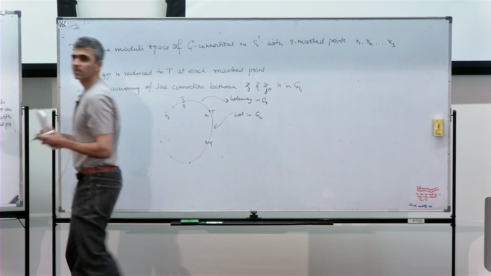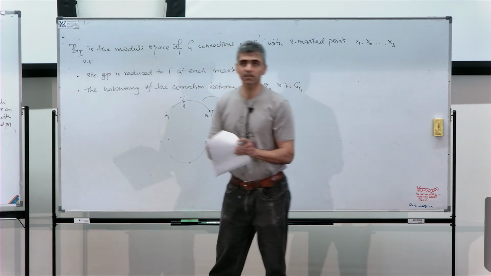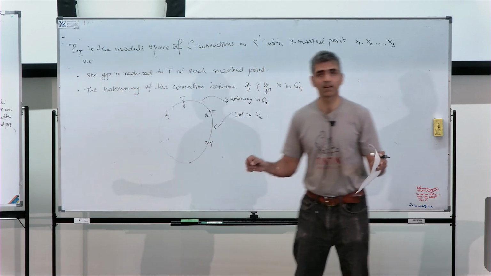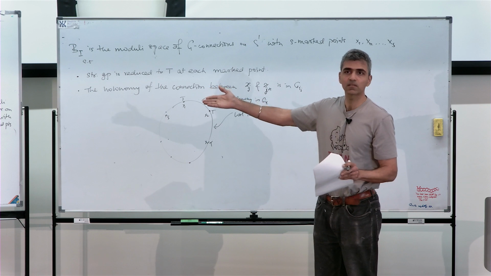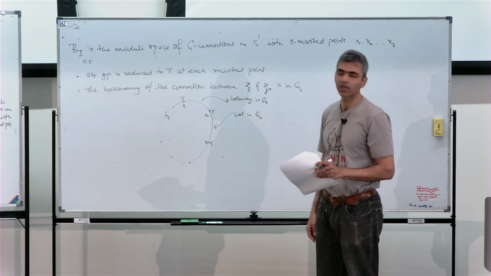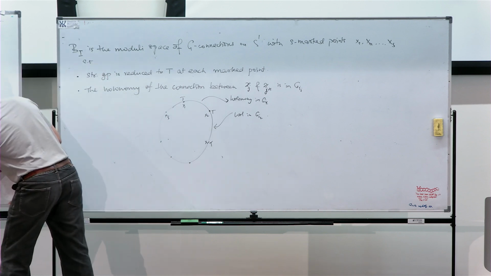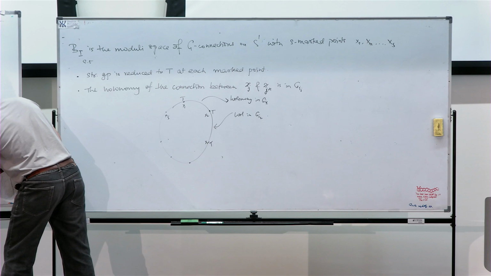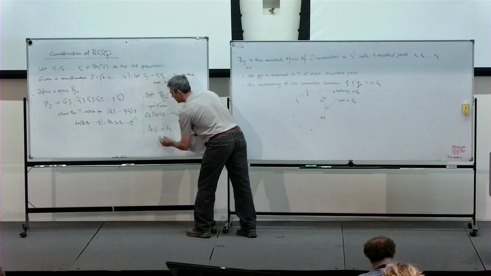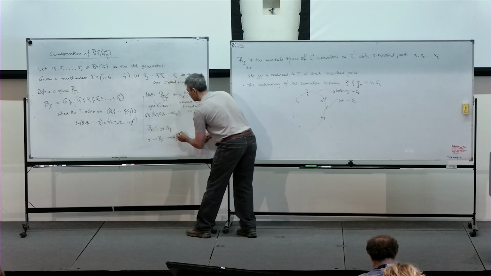So just replace this circle by an interval, and the moduli space is represented by B_I mod T. Maybe I should give it a name. Let's call that A_I. And notice that B_I over A_I is a principal T bundle.